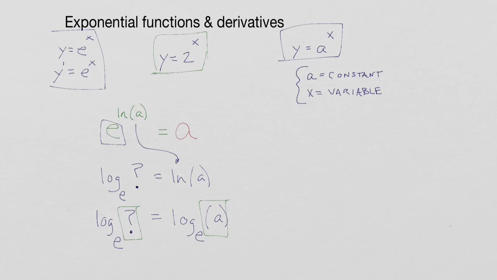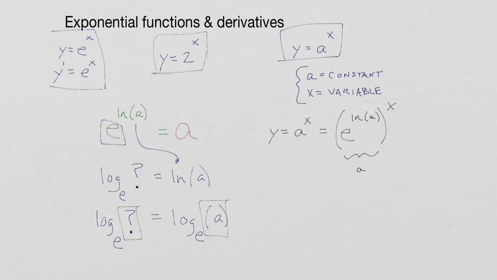So that's what we're going to do. I'm going to take the derivative of a to the power of x by writing this as e to the natural log of a, remembering that this is all equal to a to the power of x.